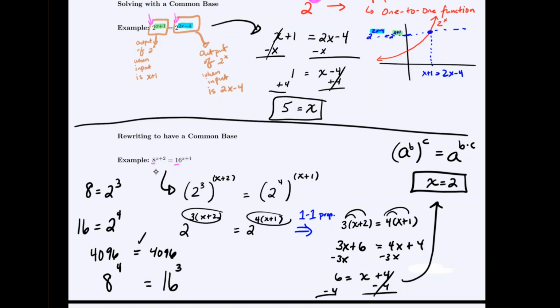In this example, there was an additional step because our original expression did not have the same base. So we first had to think off to the side, is there any way I could rewrite 8 as some base to some power, 16 as that same base to a different power? And after thinking through it, we found that 8 is 2 cubed, 16 is 2 to the 4th.